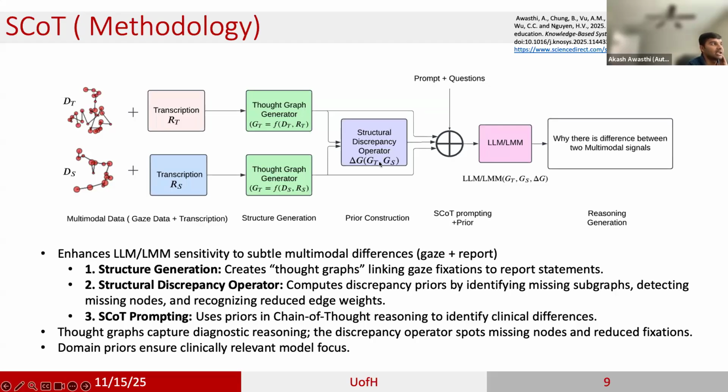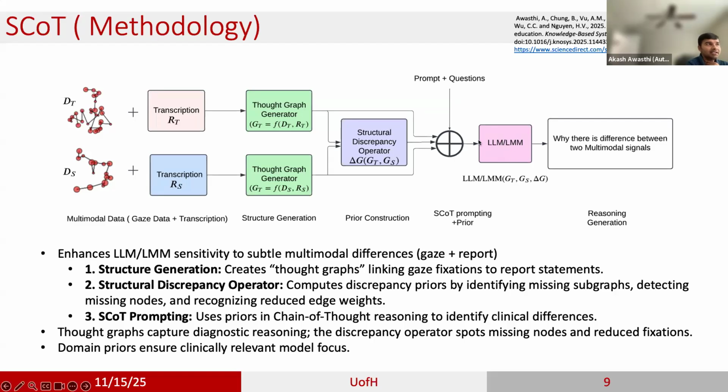We pass that difference as a prompt to the LLM and ask it to compare these two graphs and tell us why there is an error and if anything is missing.